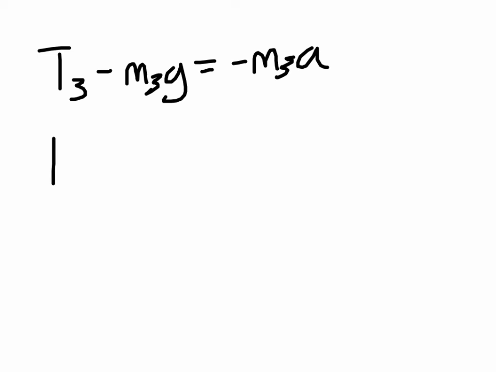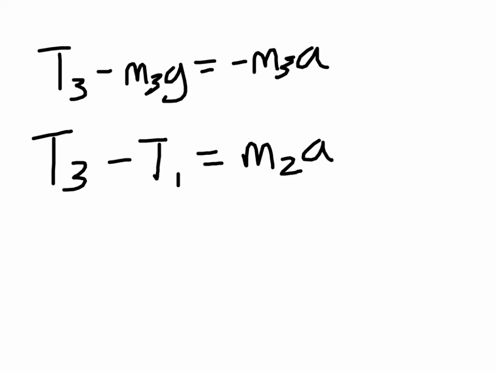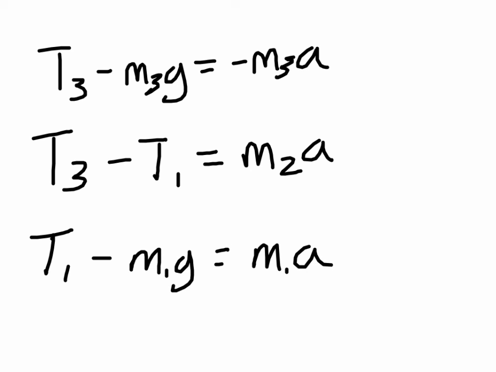For block 2, it's being tugged on by T3 to the right and T1 to the left, but that makes M2 accelerate to the right. And then for the last one, I've got T1 minus M1G makes m1a accelerate upwards.